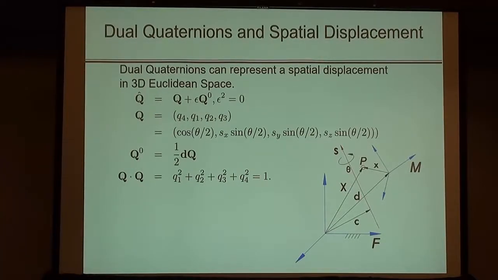Now, what if you want to do computer graphics animation? You have a set of rigid bodies in space, and you want to have a representation of that such that it wouldn't depend on the choice of moving and fixed coordinate.